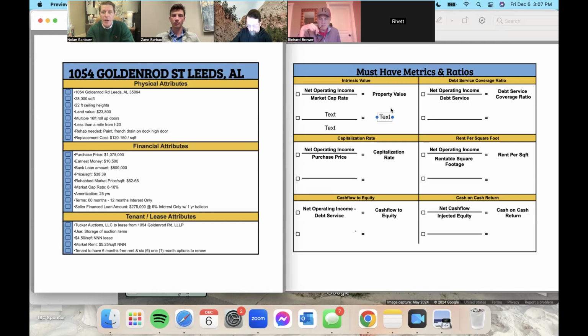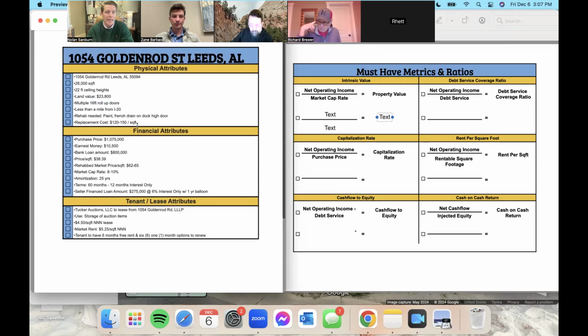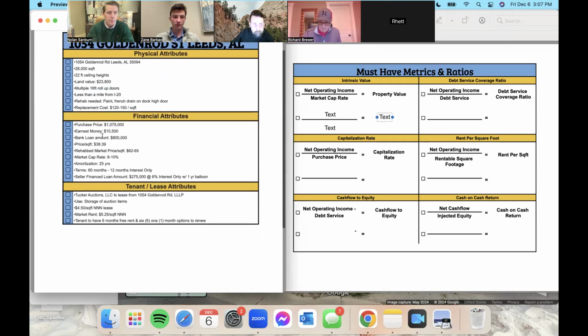Okay. Now, if we're looking for property value, we need to discover what the net operating income is and what the market cap rate is. Looking at the financial attributes, I'm going to pull up the calculator. What we agreed on was $4.50 a square foot.